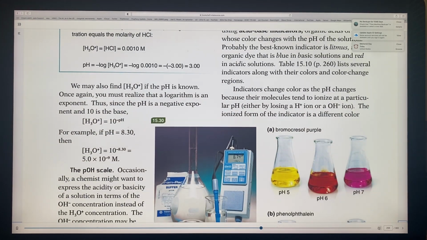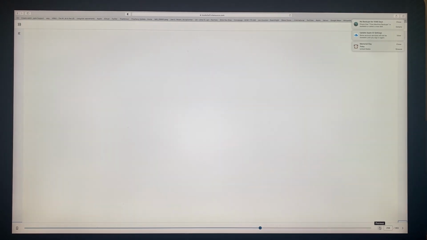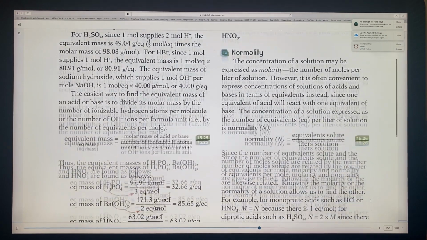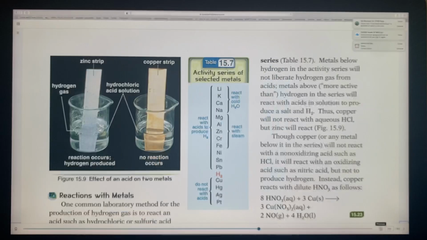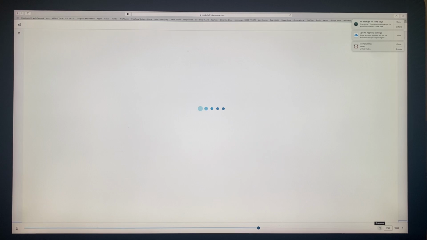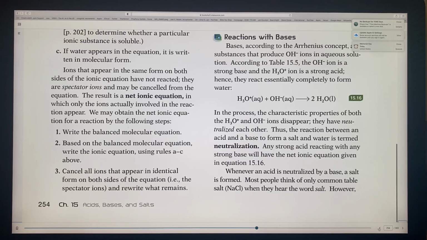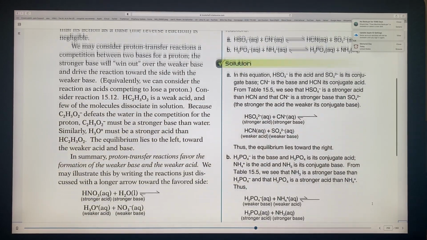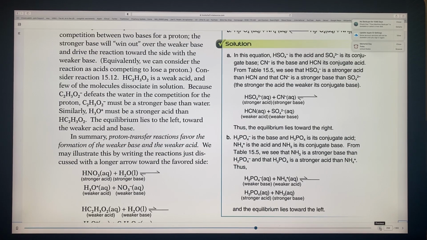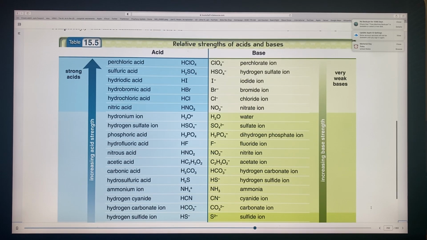Let me go back. Here we talked about strengths. Here we go. Remember this here?